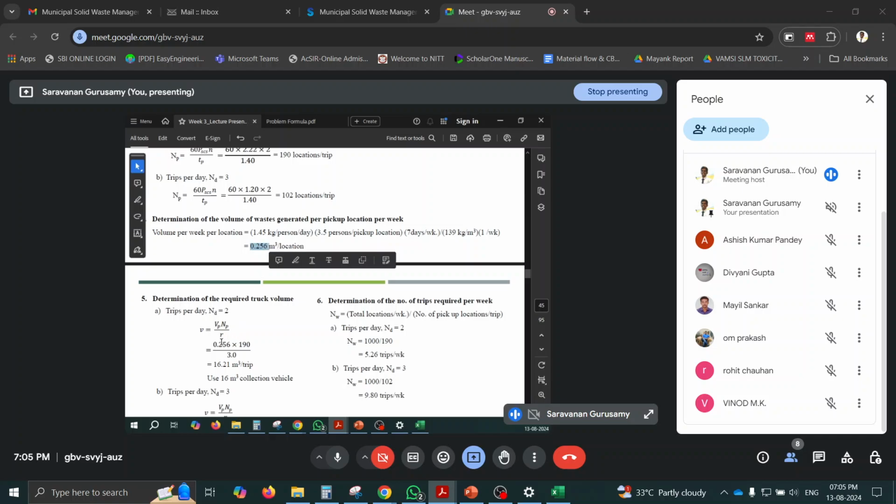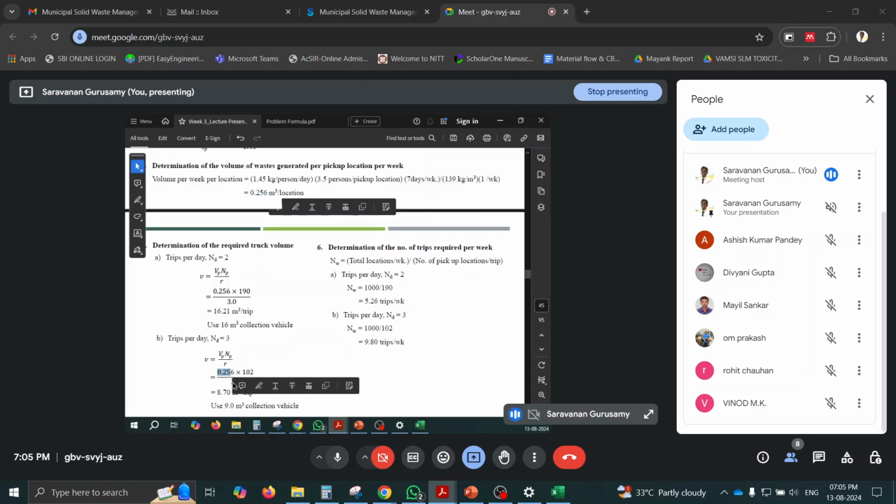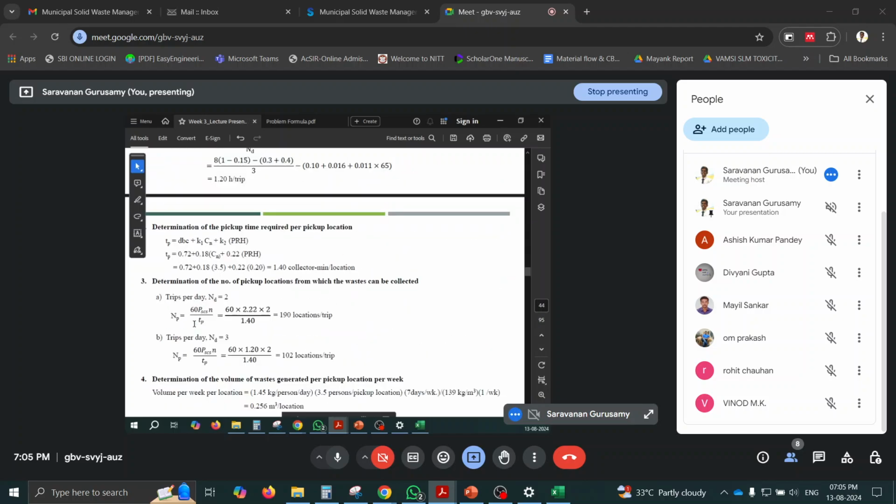So 0.256 is common for both the cases, and R is also 3 for both the cases. Only NP we are going to find. So NP is 60 PSCN by TP. Here 60 is common. TP we need to find. N is 2, in the sense the number of persons in a crew.